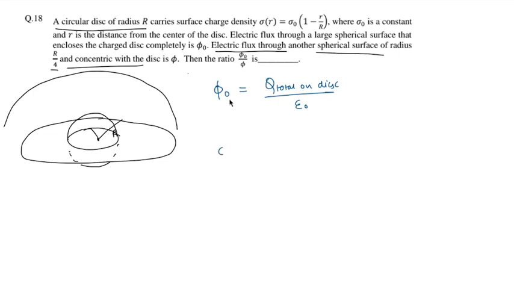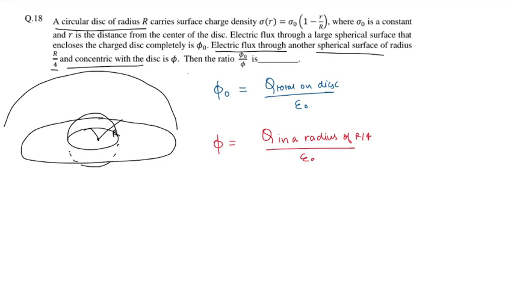And if you talk about this phi, I'll do that in a different color, phi is equal to Q enclosed in a radius of R by 4, divided by epsilon naught.